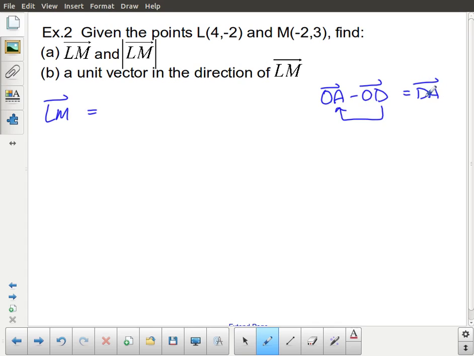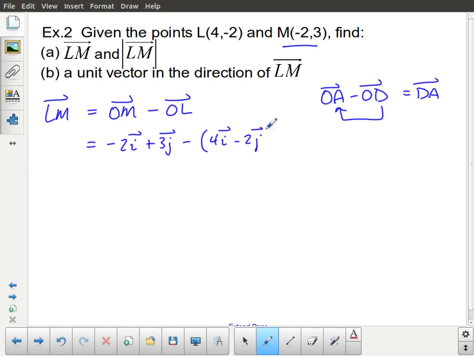And in that case, to reverse this, to go from L to M, we actually need to do OM minus OL. And the vector OM is going to be from here, negative 2i plus 3j, minus bracket, and then OL is going to be 4i minus 2j.